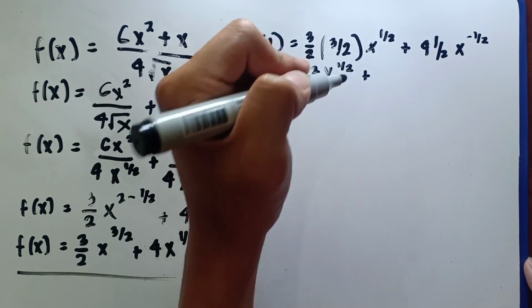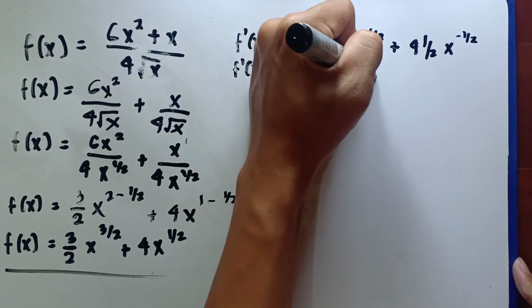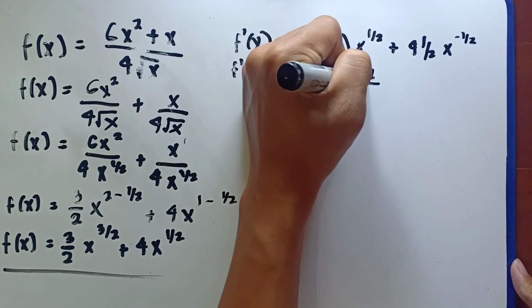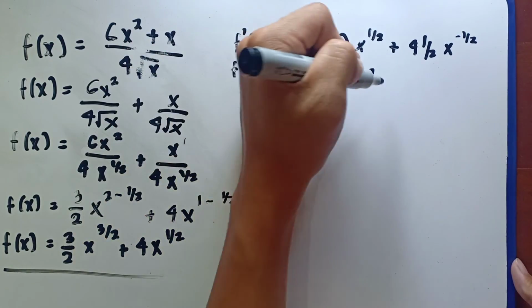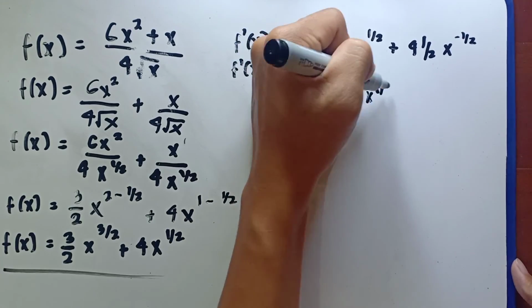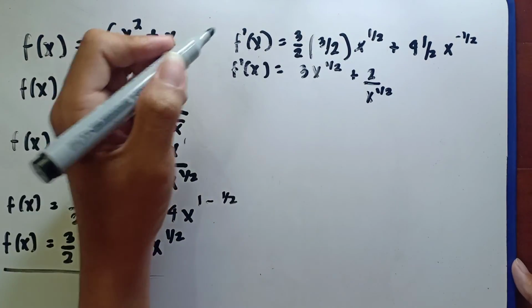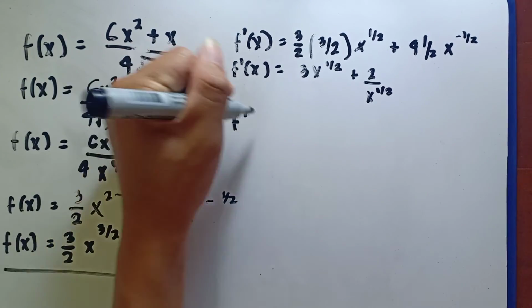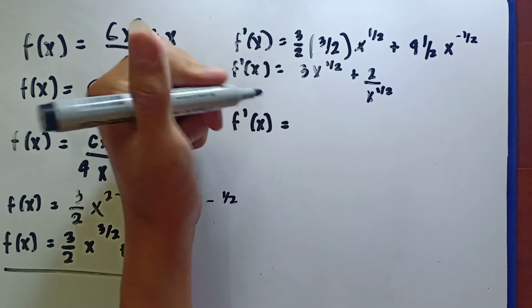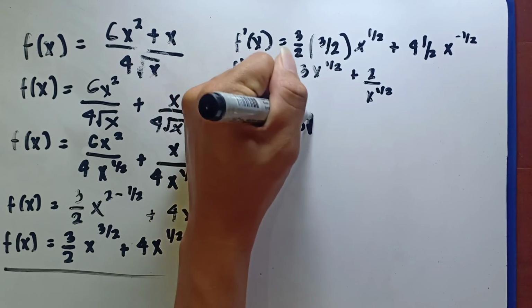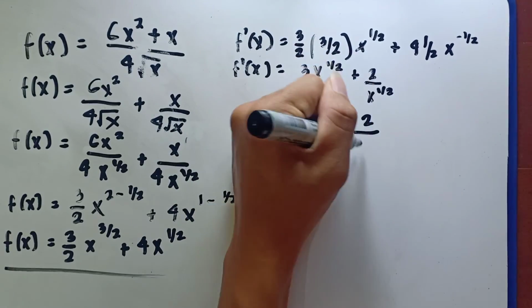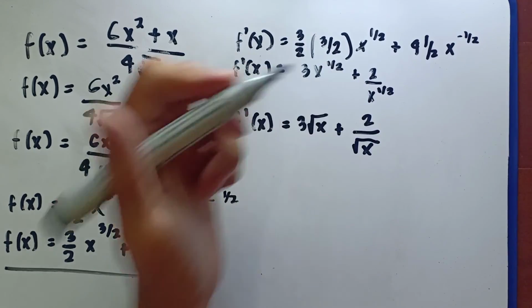A half of 4 is just a 2, and you can bring down the negative exponent, which is 1/2. So you can simplify this into 3 square root of x plus 2 over square root of x.